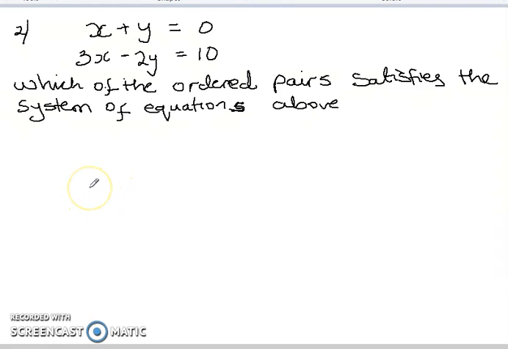So in this question, we're simply asked to solve for this system of equations. And the answers are given in the format of ordered pairs.